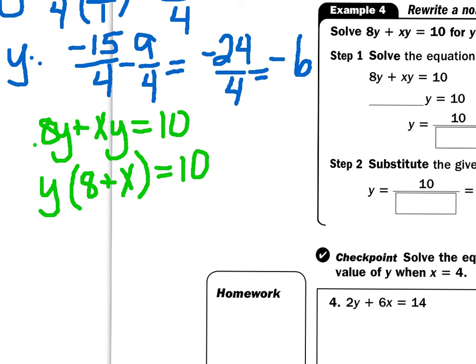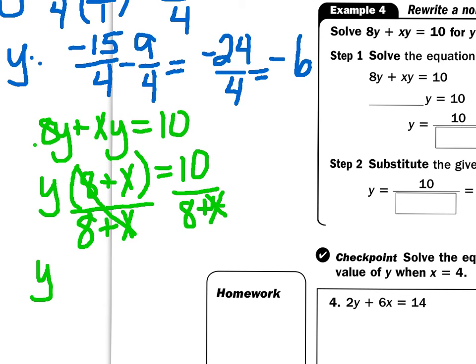Now, what is the 8 plus x doing to the y? It's multiplying. So to move it to the other side of the equation, I need to divide by 8 plus x. Okay, that'll mark this out as a 1 and leave me with just plain y on that side. So y equals 10 divided by 8 plus x.